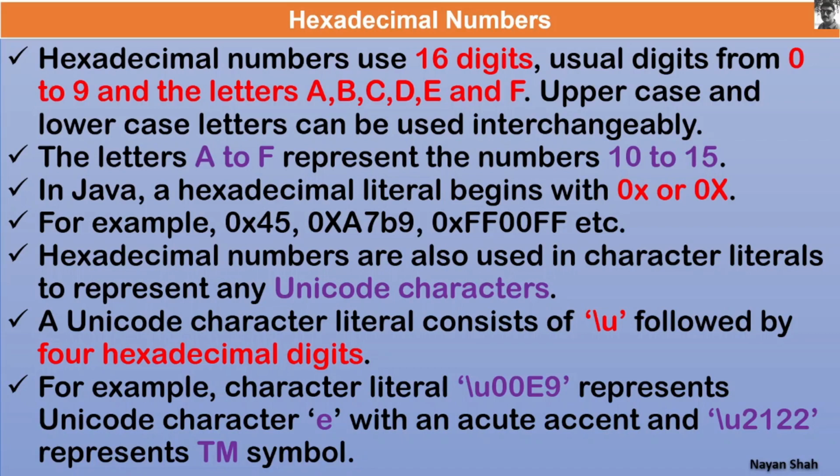Before we complete this sentence, remember that I told you there should be only one character within single inverted commas. But here it has 6 characters, \u00E9. Then how is it possible?